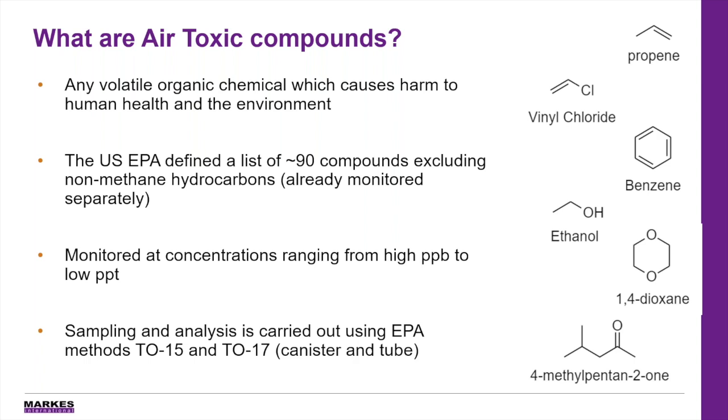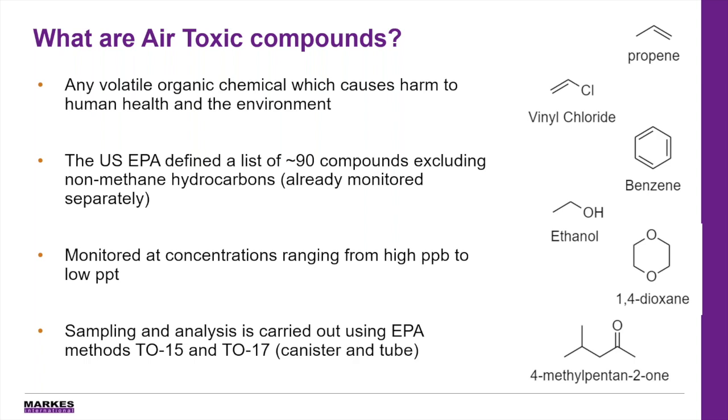And these compounds range from very volatile species like propene down to the heavier volatiles like naphthalene, but they also include halogenated and polar species like the vinyl chloride and ethanol you can see here. So it's a broad range of different species and a wide range of volatility here. Now, these compounds are monitored at concentrations ranging from high ppb all the way down to low ppt.